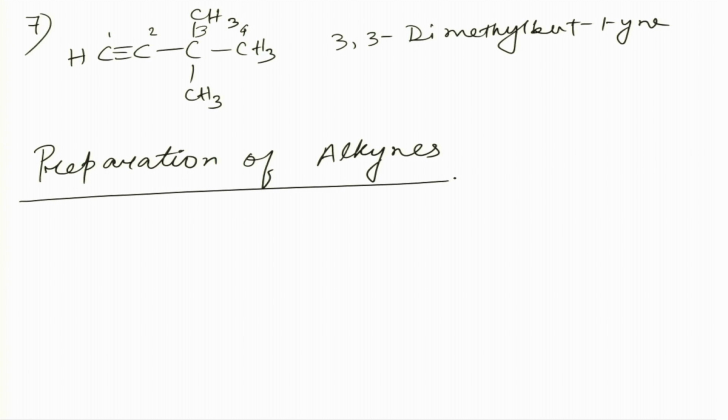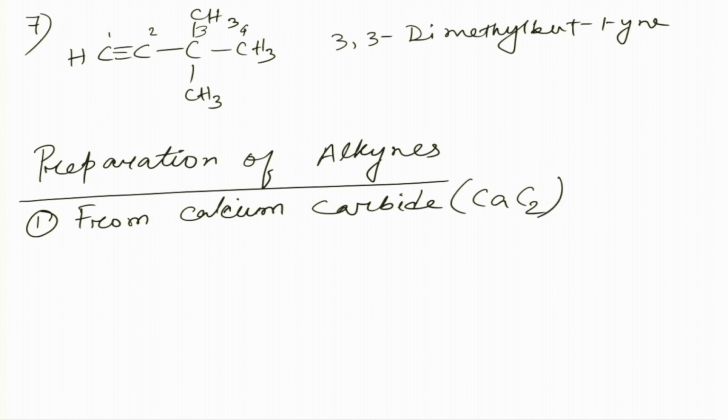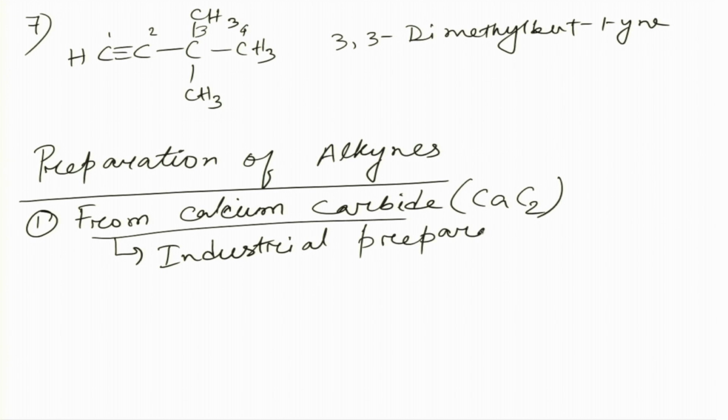The first preparation of alkynes is from calcium carbide, which is CaC2. This is a major process for the industrial preparation of ethyne.